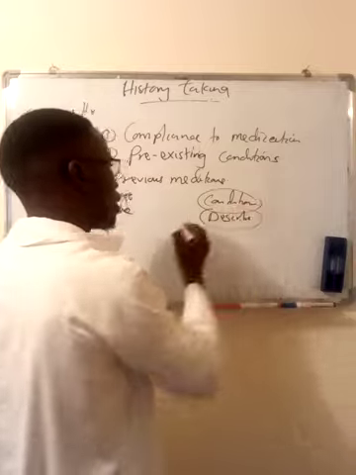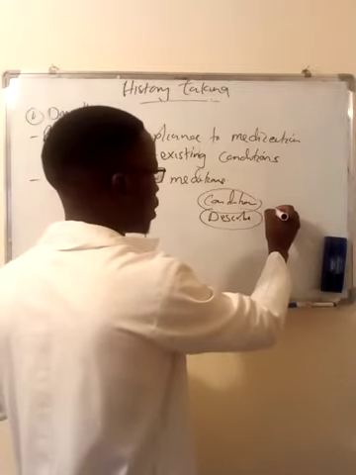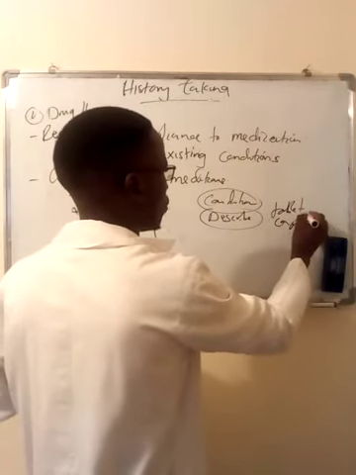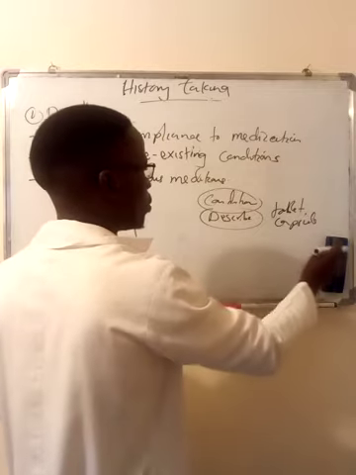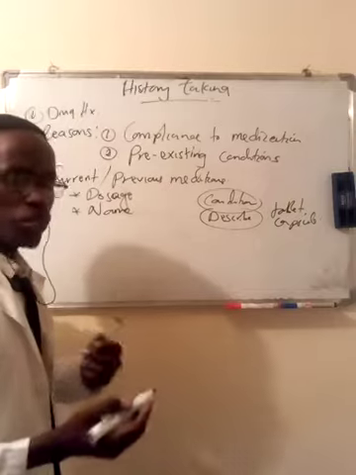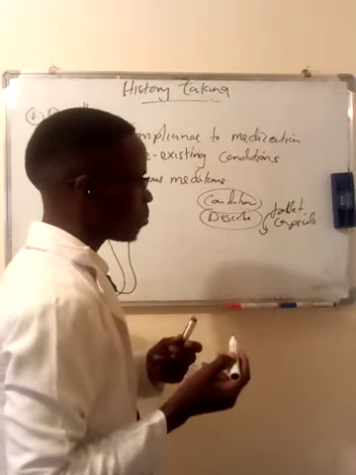they can describe the drug. Maybe whether it's a tablet, whether they are capsules, whether it's injectables, or maybe syrup and so on and so forth. If it's a tablet, what's the size of the tablets?